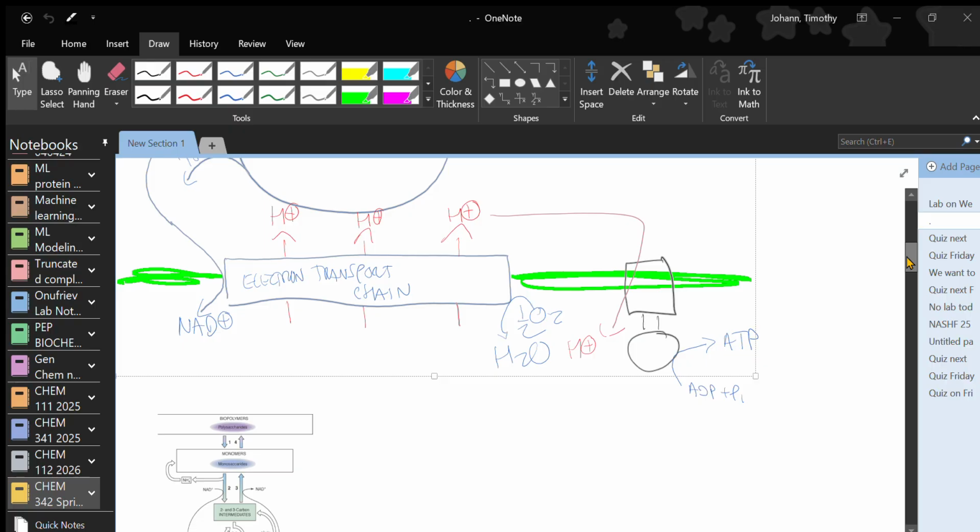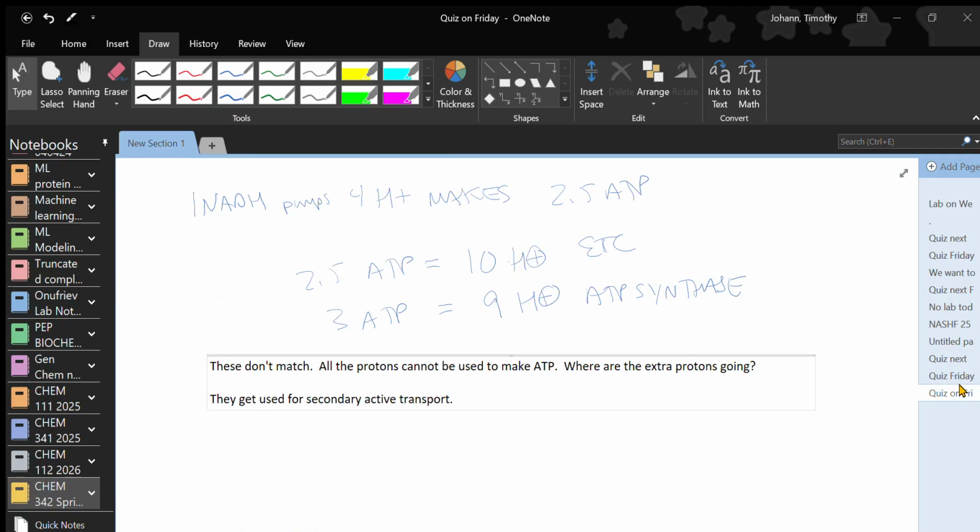So we make ATP in the matrix, but where does ATP get used in the cell? Everywhere, including the cytosol. So we have to get ATP out of the mitochondria, right? So you have to get ATP out, must get out of the mitochondrial matrix.